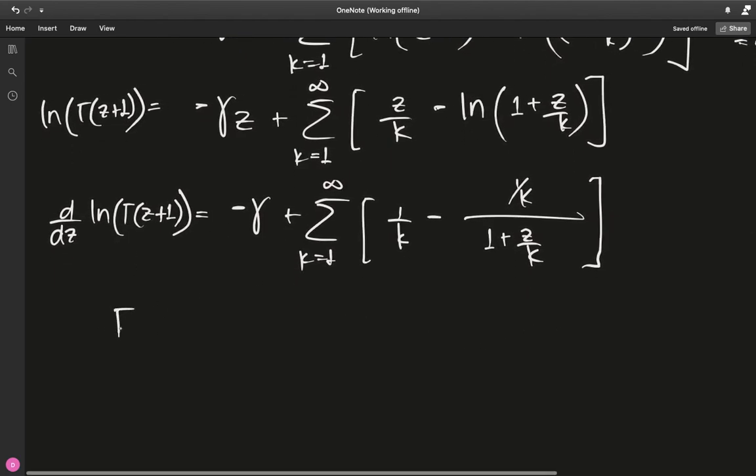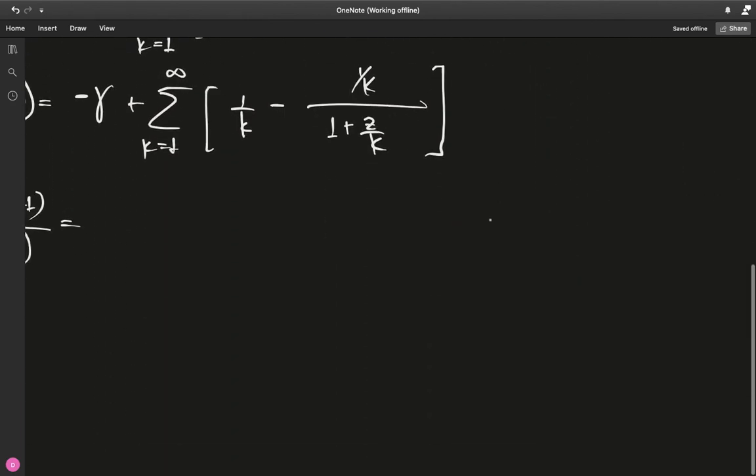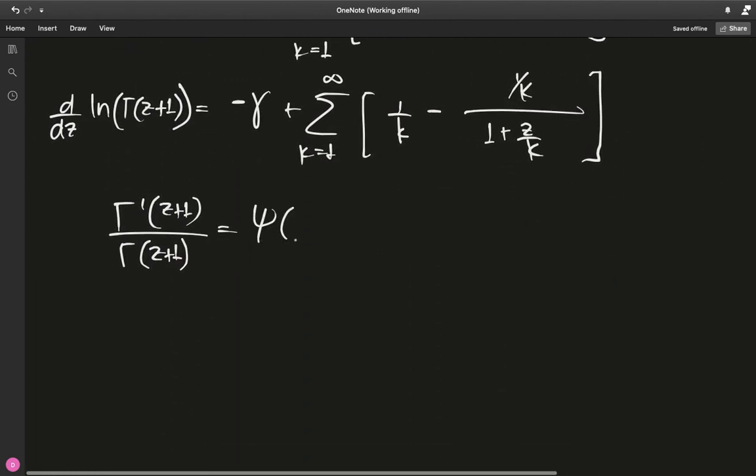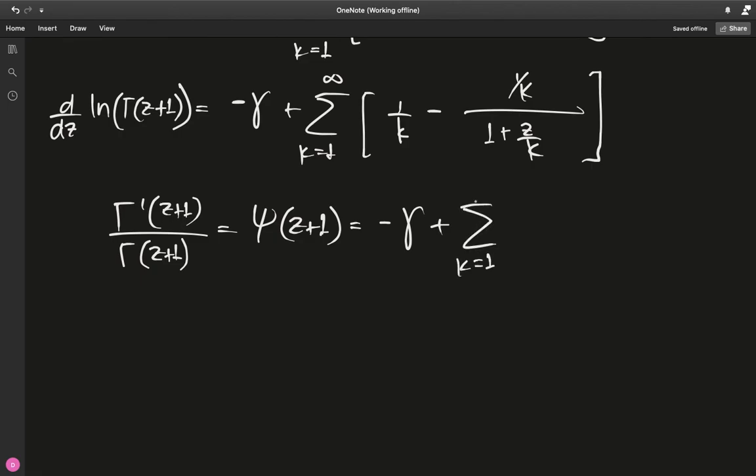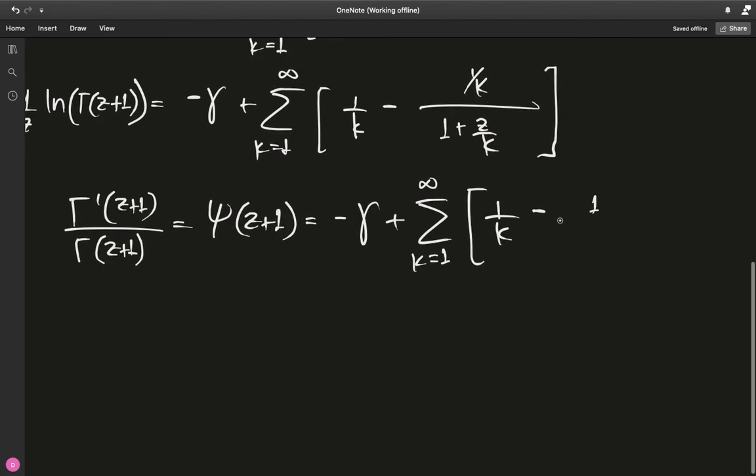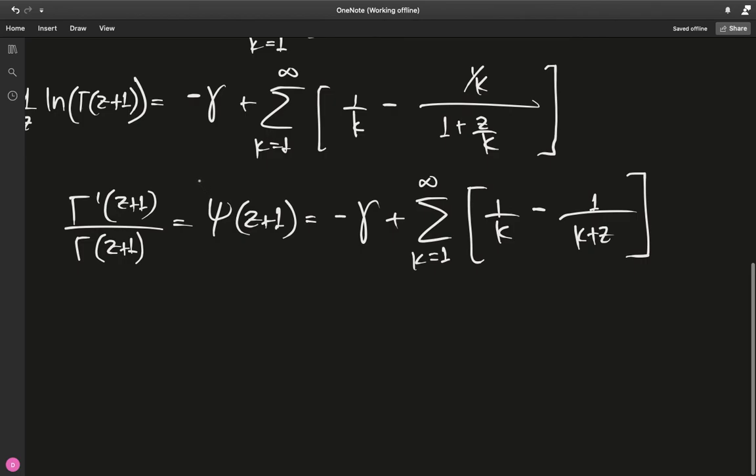This is basically gamma prime of z plus 1 over gamma of z plus 1, which by definition is a digamma of z plus 1, and it's equal to minus Euler-Mascheroni plus sum from k equals 1 to infinity of 1 over k minus, taking the LCM, we'll have k plus z over k, and this k will cancel the denominator, so we'll have 1 over k plus z, like this. And that's actually a formula for the digamma of z plus 1.